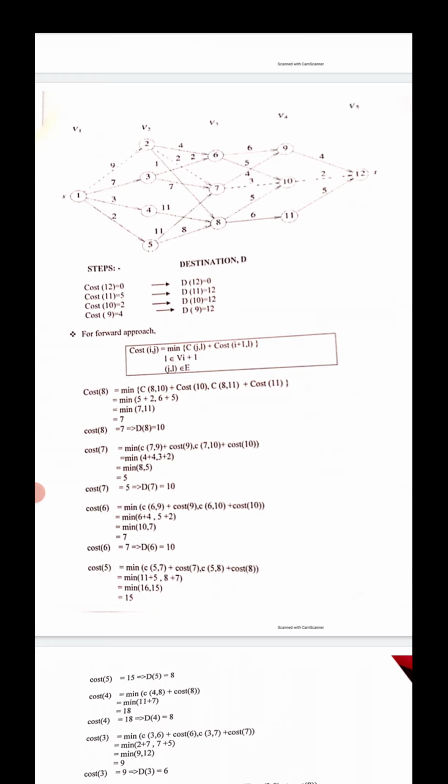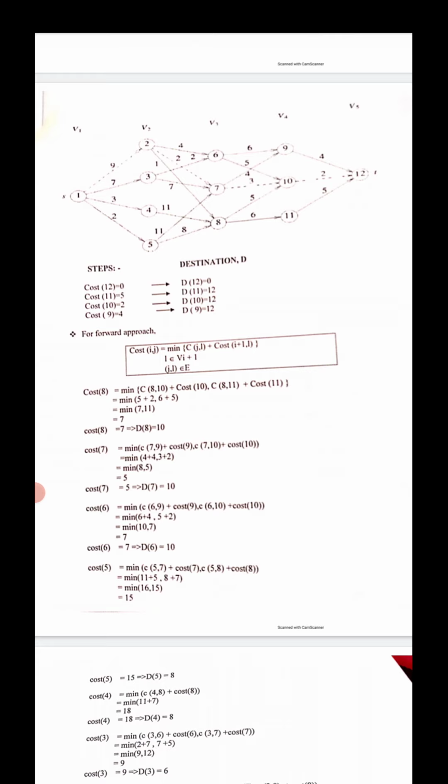Here, source is vertex 1, and 12 is the destination vertex, which will be represented as T. Now we will see the cost steps, destination comma D. Whatever the destination may be, you have to calculate the cost and distance arrays. Here look at this, the cost of 12 will be assigned 0, because there is no node beyond 12.